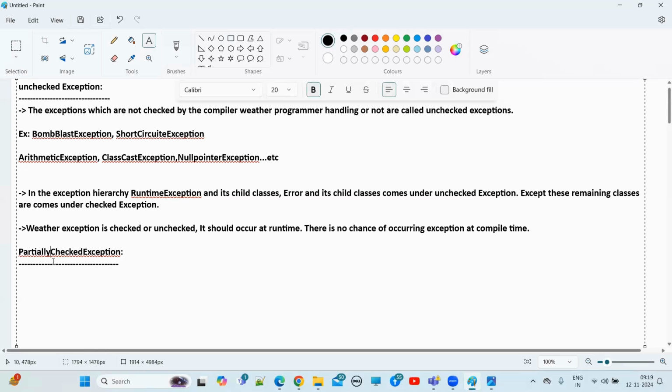Understand? Clear, everyone? Yes, sir. This is partially checked, so all the people are not checked, only a few are.